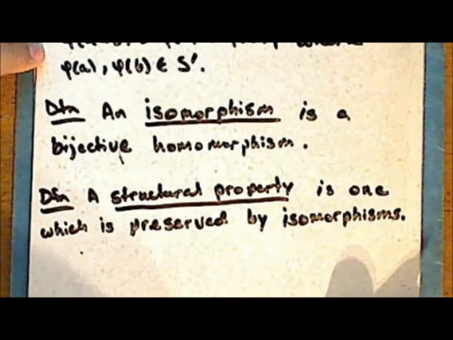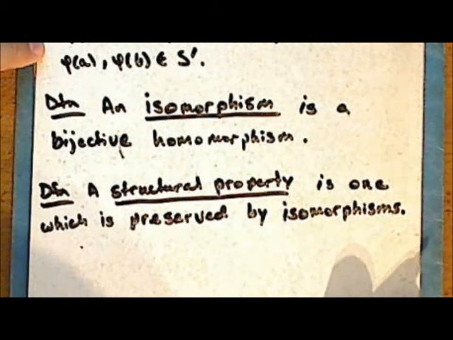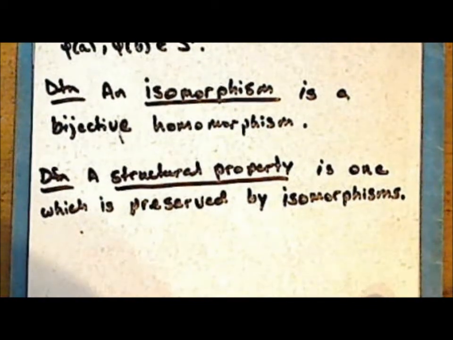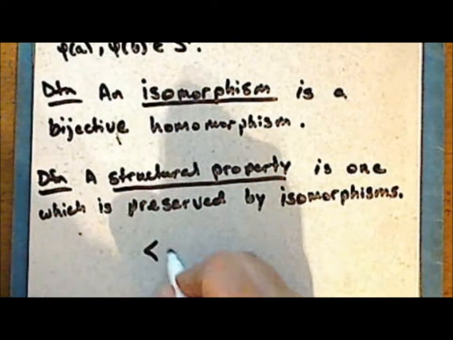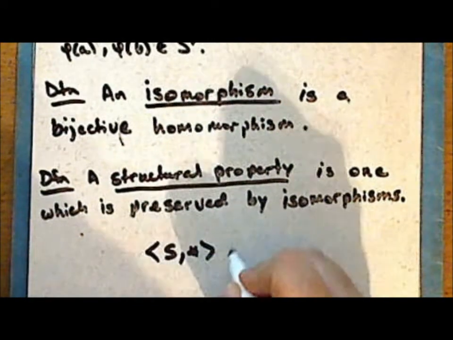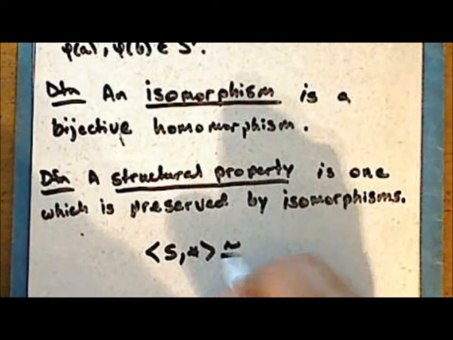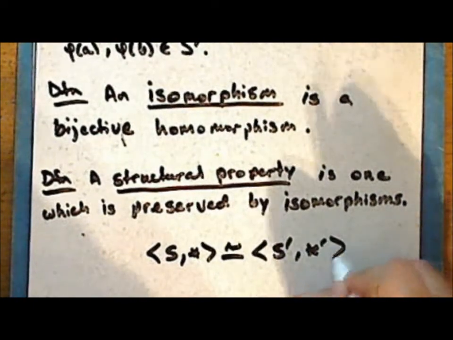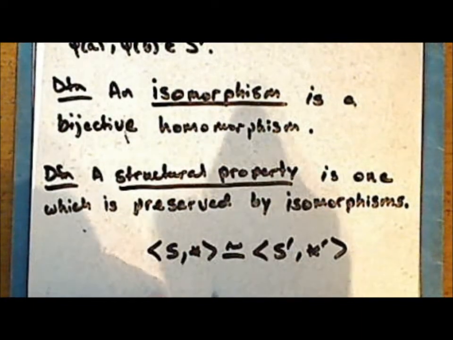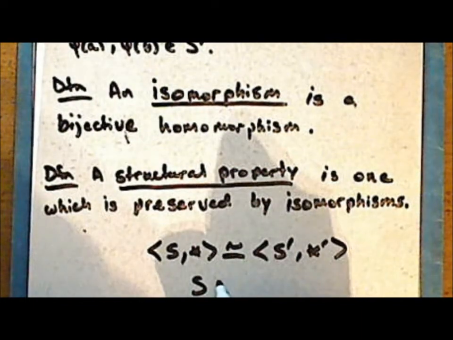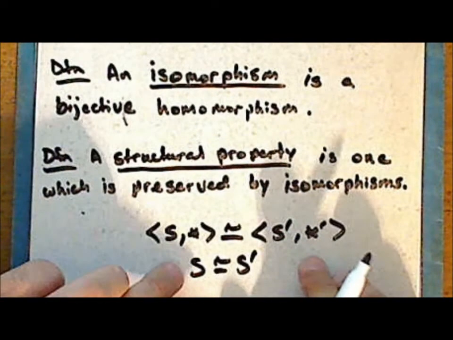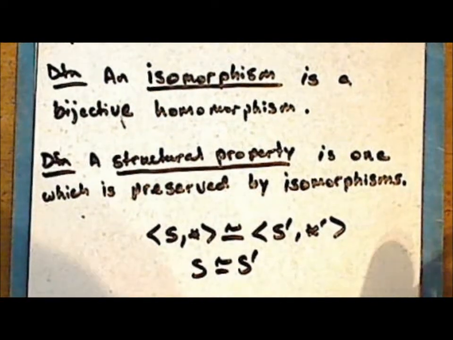When we demonstrate that an isomorphism exists between two given structures, we say that they are isomorphic, and this is denoted S star is isomorphic to S prime star prime, or more simply, S is isomorphic to S prime if the operations are understood.